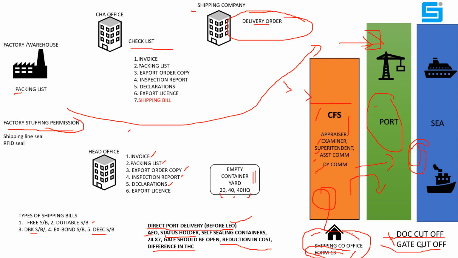Therefore you have to check whether the gate is open for the particular vessel. Otherwise your cargo will go here, then come back again, and be put in the CFS. It is double work. Therefore you have to understand these two terms.